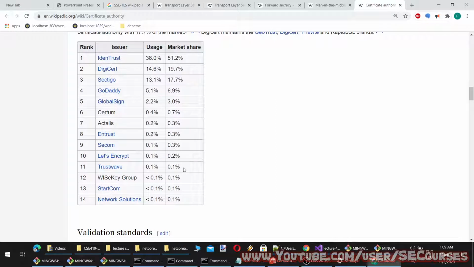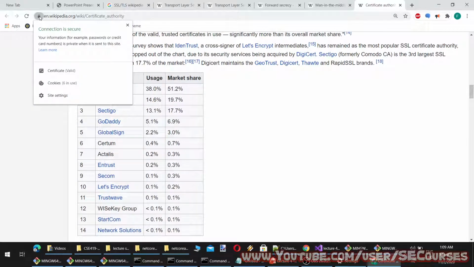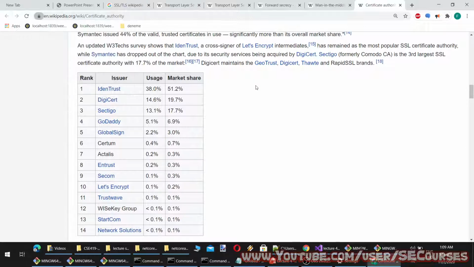So if your browser is not trusting the certificate authority, you will see an error message or a warning message here. If the server itself is behaving as a certificate authority, you will get an HTTPS error, and you will need to click the continue button to access that website.